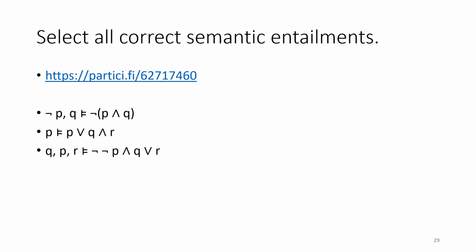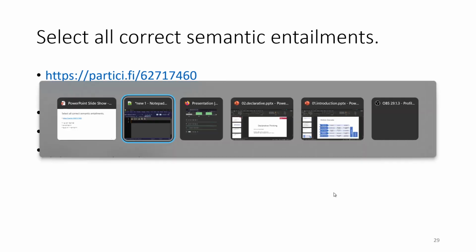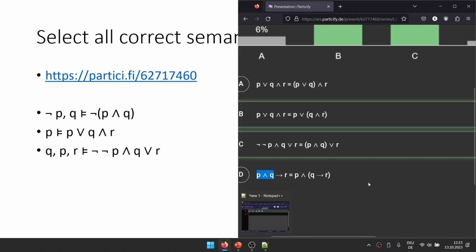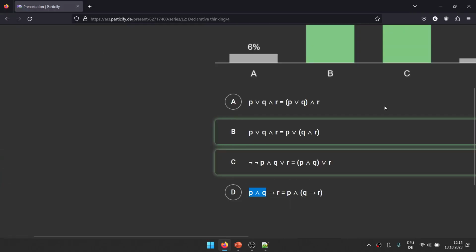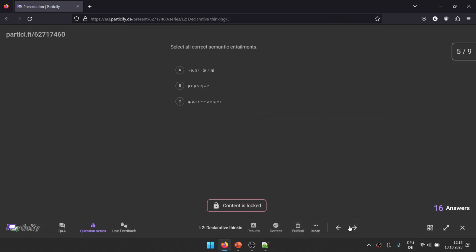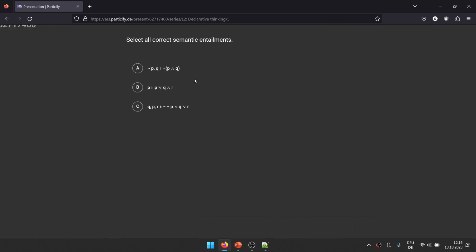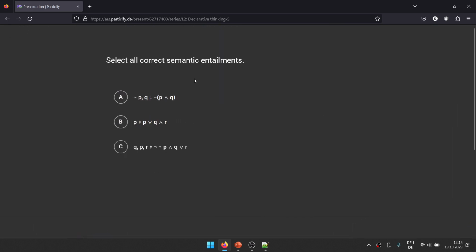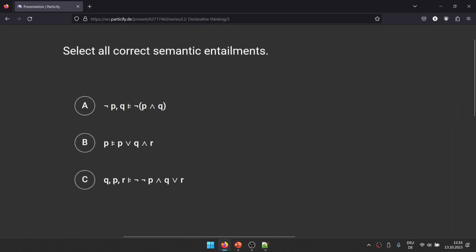Now let's look at some semantic entailments. Now we have a little bit more complex formulas that we write on the left and right. In the mini example, I just had individual atomic propositions as formulas on the left, but now here you also have, for example, the negation of some variable.